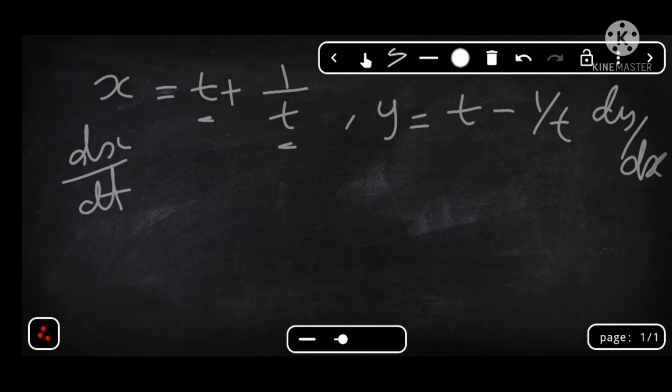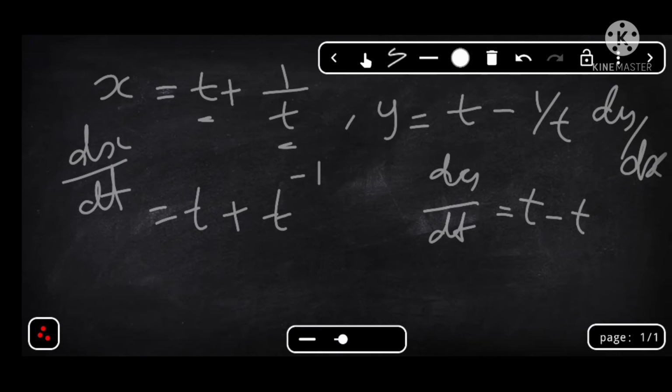Here it will be dy by dt. Okay, so I am just writing t plus 1 by t as t plus t raised to minus 1, for the easiness of doing differentiation. Here also t minus t raised to minus 1.